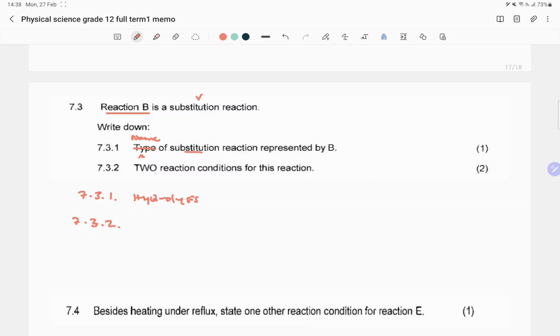Now it says name two reaction conditions for this reaction. I'm going to list all. So one, you need a dilute strong base like potassium hydroxide, for example. It has to be dilute but a strong base.